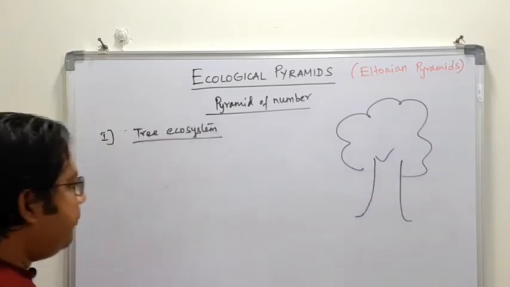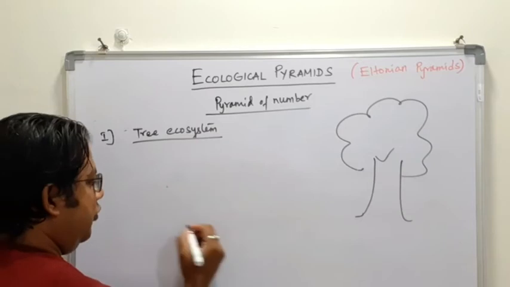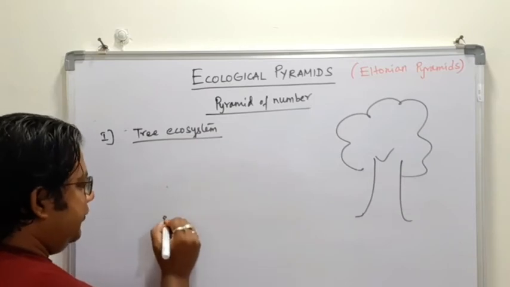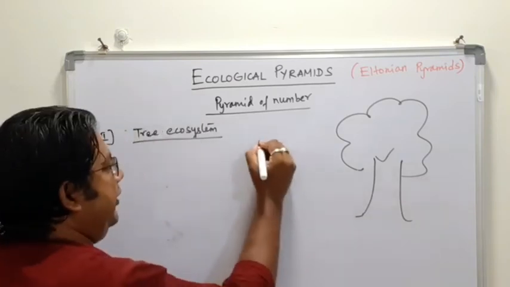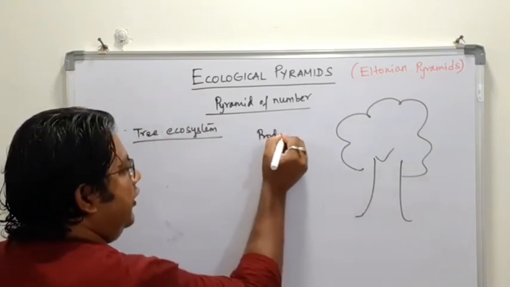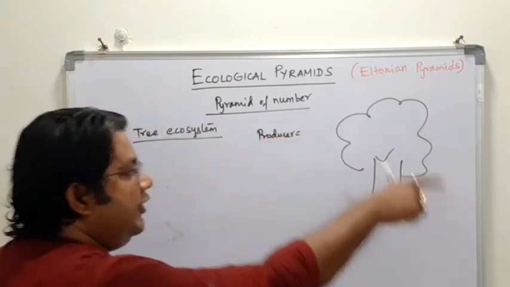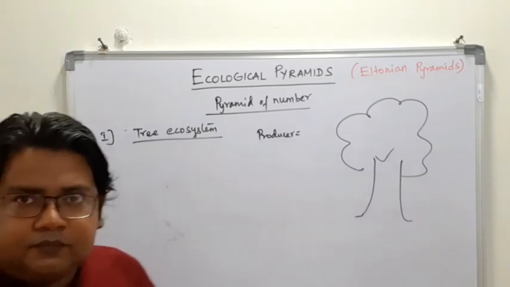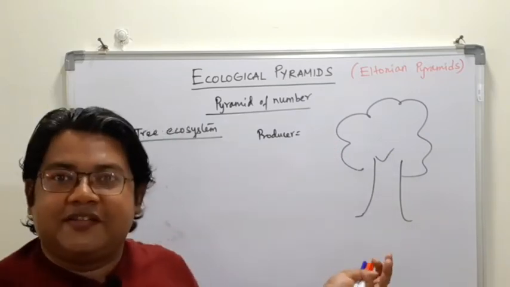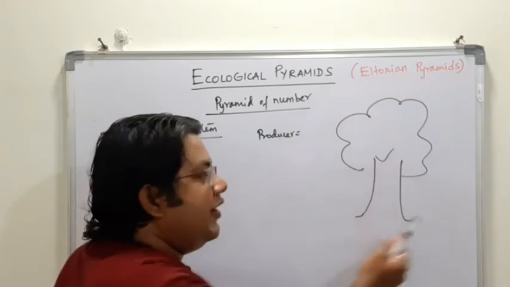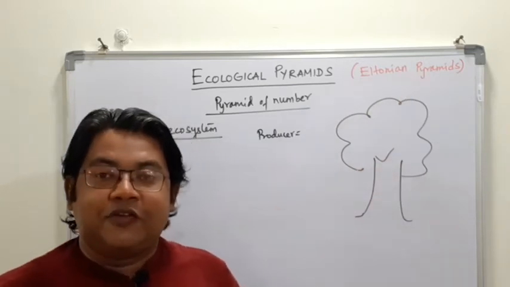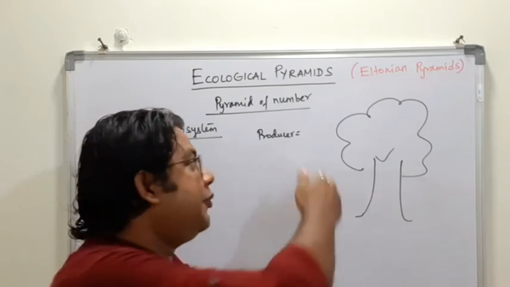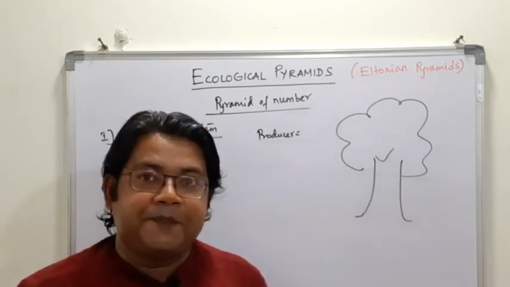So what will be the producer? What will be the producer in this tree ecosystem? Obviously, it will be the tree itself, because the tree itself is a producer. It is the autotroph.